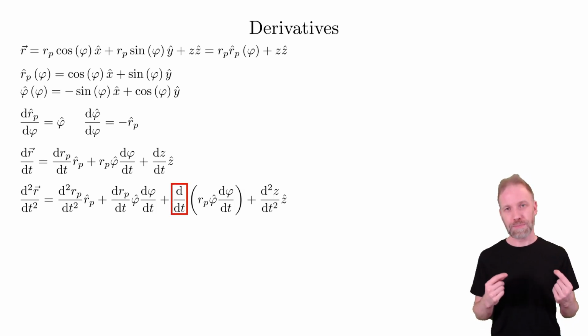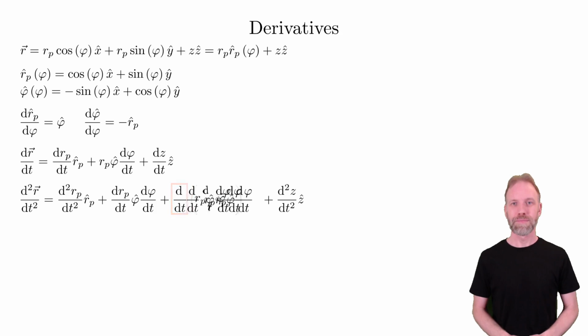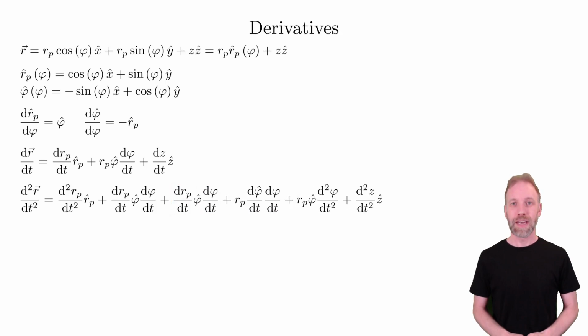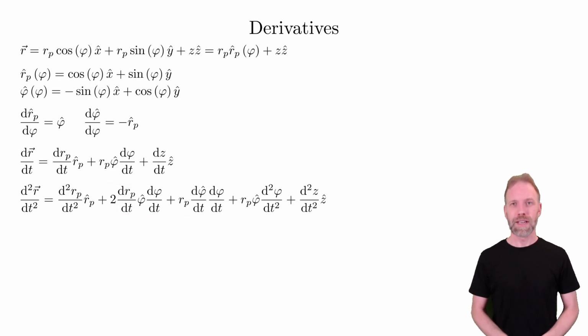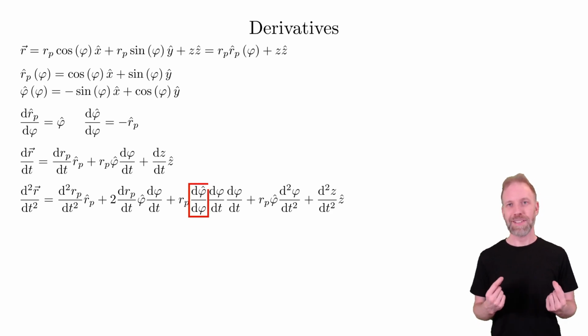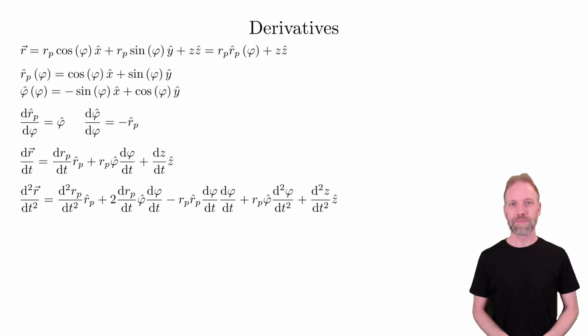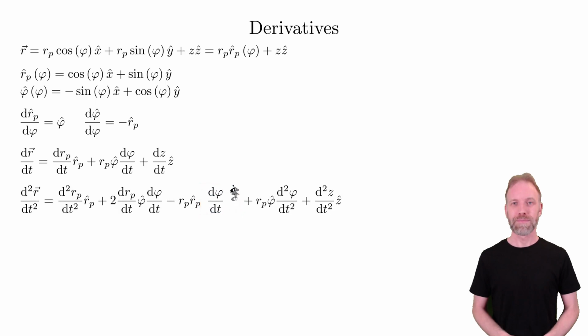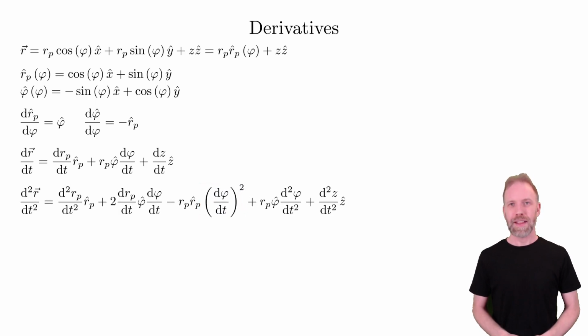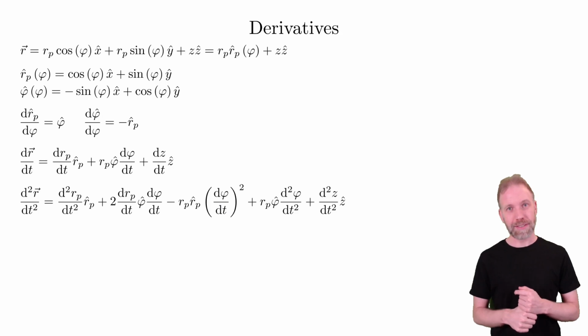Apply the product rule. These two are the same. Use the chain rule and insert that d phi hat d phi is minus rho hat. Combine these into a square. This is the acceleration in cylindrical coordinates.